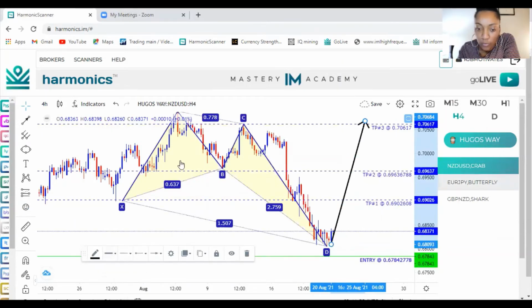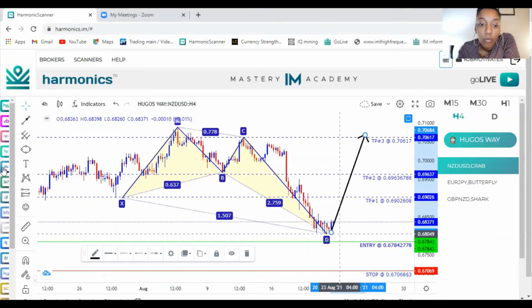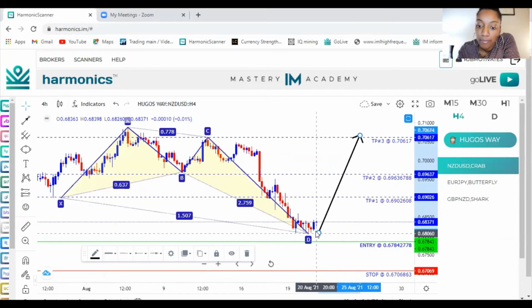So this is what we call the crab pattern. It highlighted X to A, from A to B, from B to C, from C to D. And as you can see, it looks like price has started to make its way.